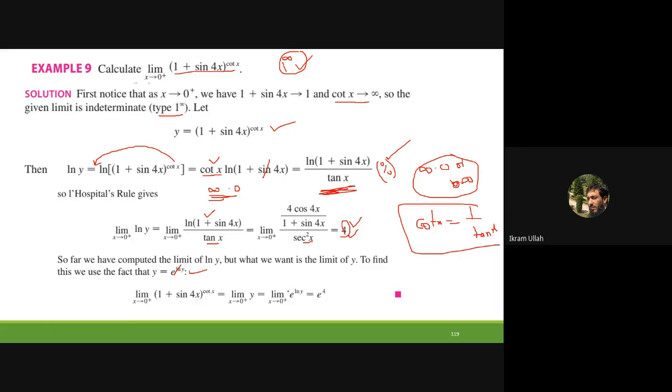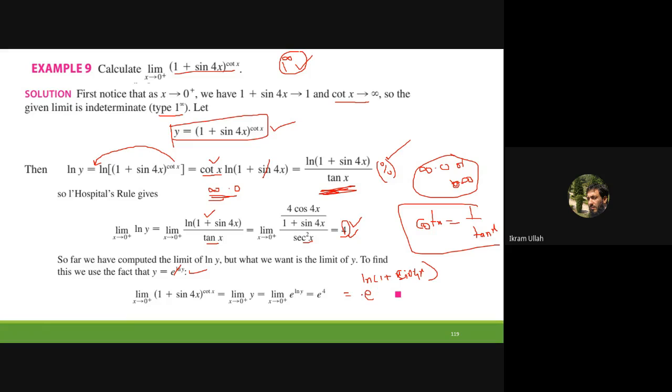So applying the limit as x approaches 0, just put the value of y, because y is equal to this thing. So this will be equal to e to the power ln of (1 plus sine 4x) to the cotangent of x.